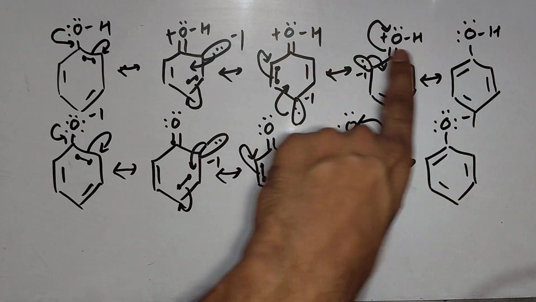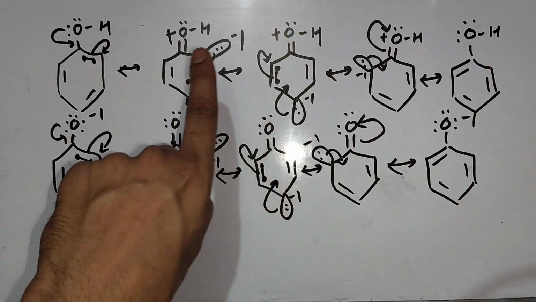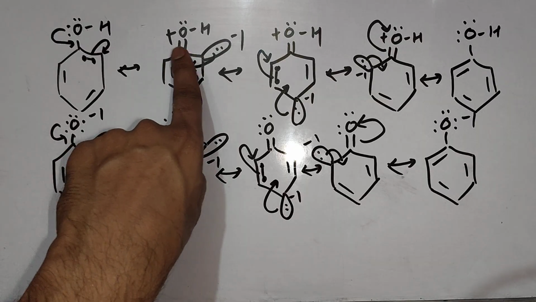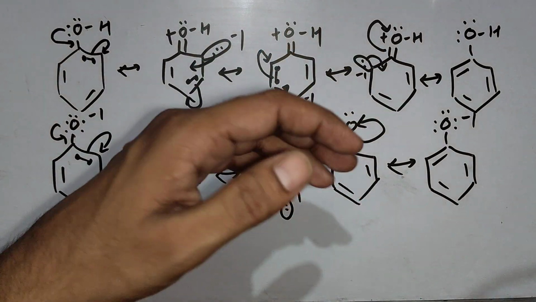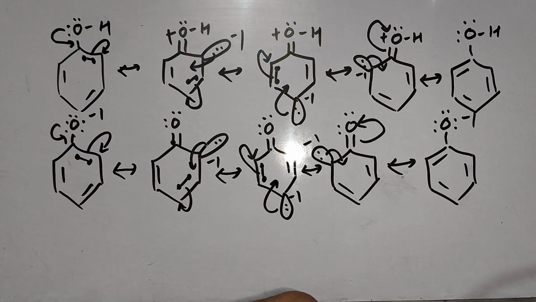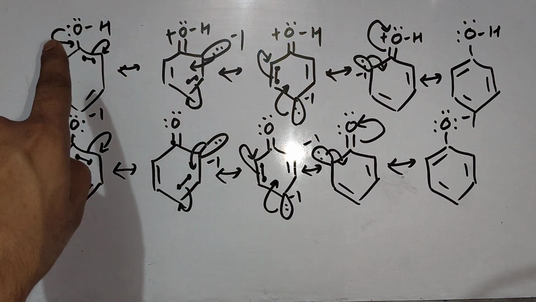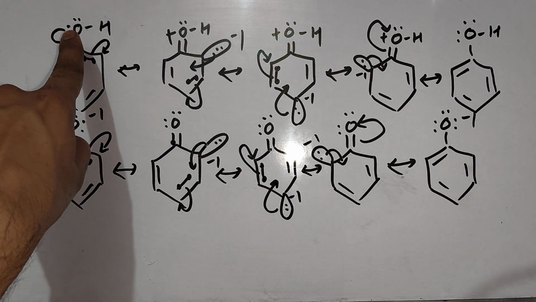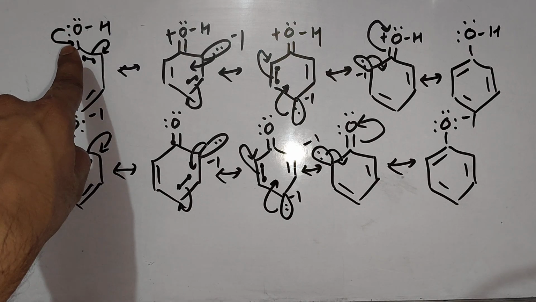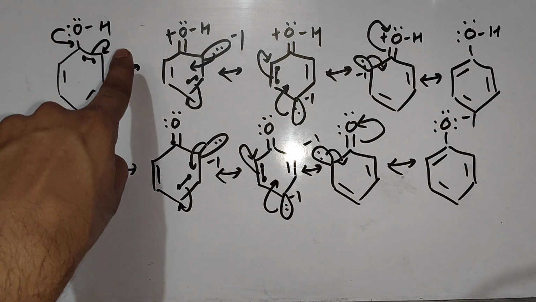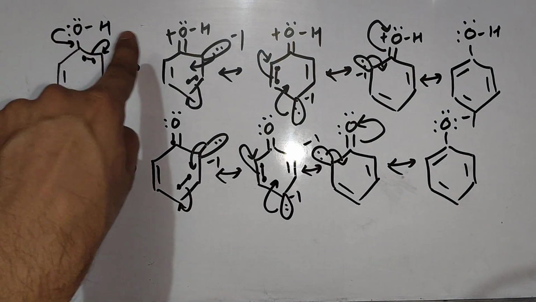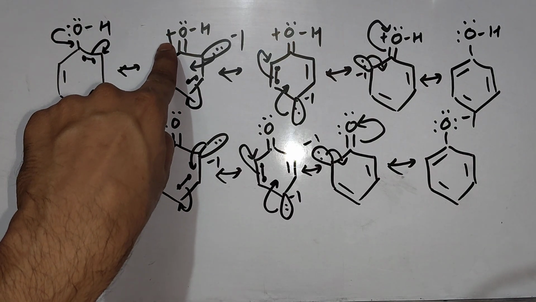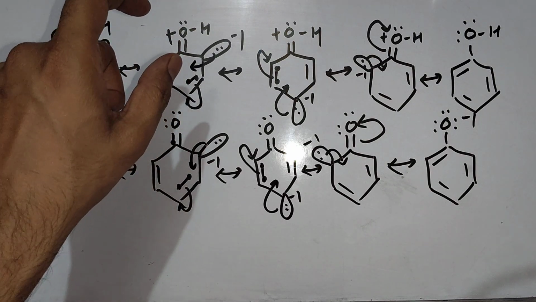Only in these two structures oxygen does not have a positive charge, but in all the rest of the structures, oxygen has a positive charge. Oxygen with positive charge is highly unstable, as we know. Means this oxygen is finding it very difficult to donate its electron during resonance, because after donation of electron in the resonance, it is occupying positive charge. Means instability.